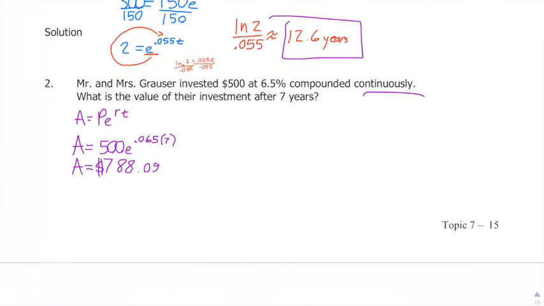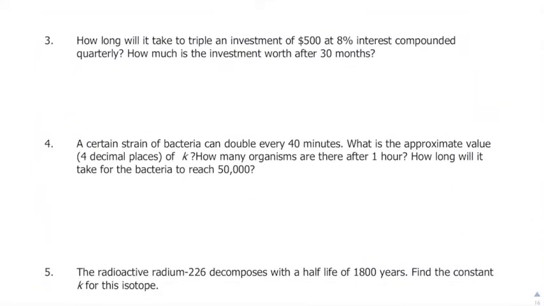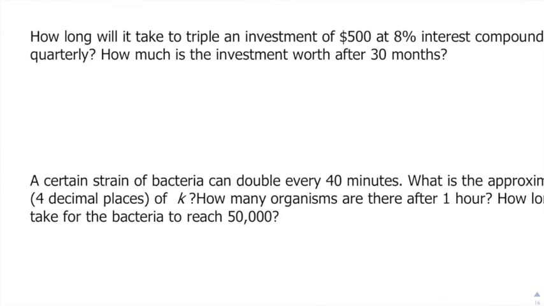Okay. Next one here on the next page. How long will it take for an investment of 500 to triple at 8% interest, compounded quarterly? How much will this investment be worth after 30 months? So yeah, in this case this is kind of a two-part question. First of all, it's asking how long will it take for it to triple.